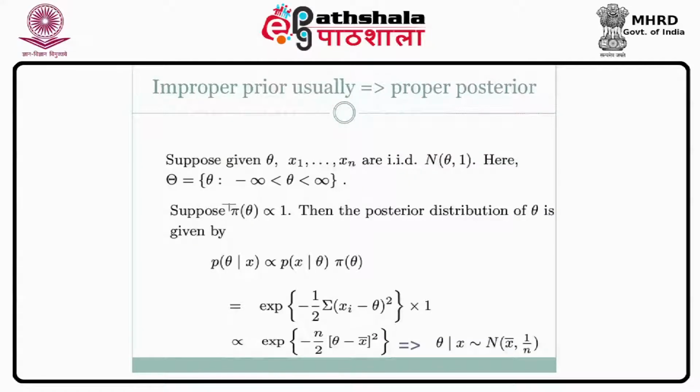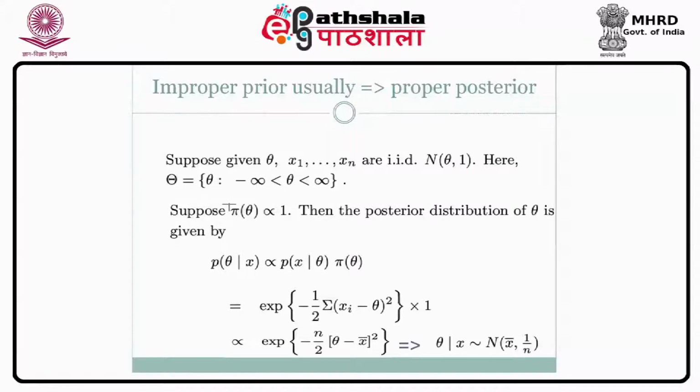The situation where an improper prior gives you a proper posterior is demonstrated here. Suppose given theta, x1, x2, ..., xn are IID normal(theta, 1). Here theta can take any value from minus infinity to infinity, belonging to this parametric space.